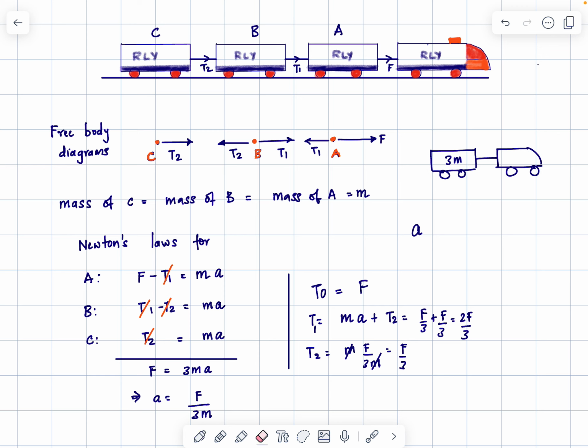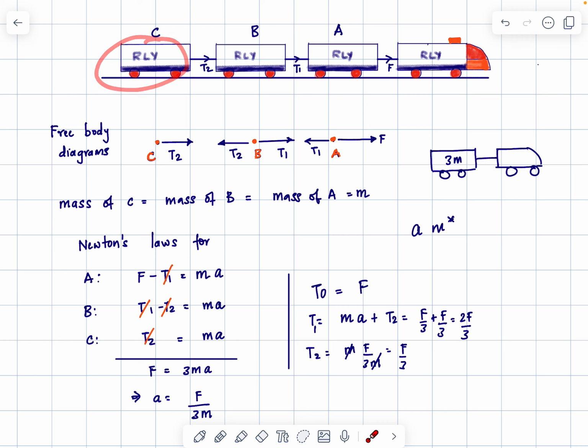If all three cars have the same mass, and the acceleration is some value, then the tension equals whatever mass is behind that chain times a. If the mass is 2m here, and the acceleration is F divided by 3m, this tension equals 2F divided by 3.